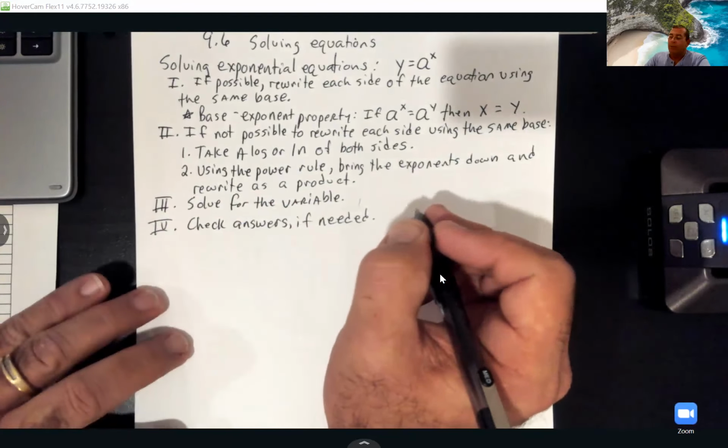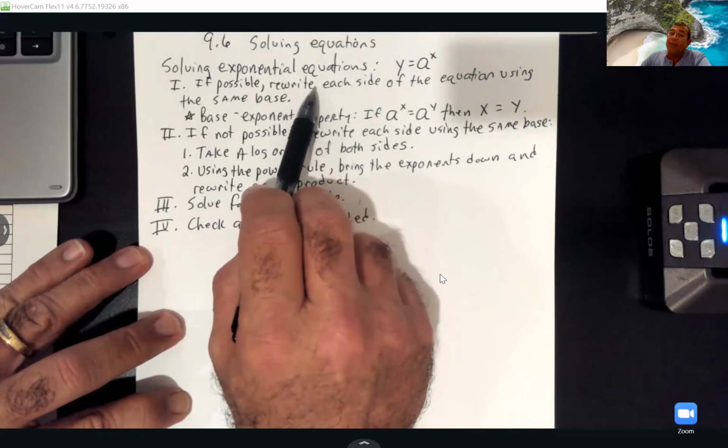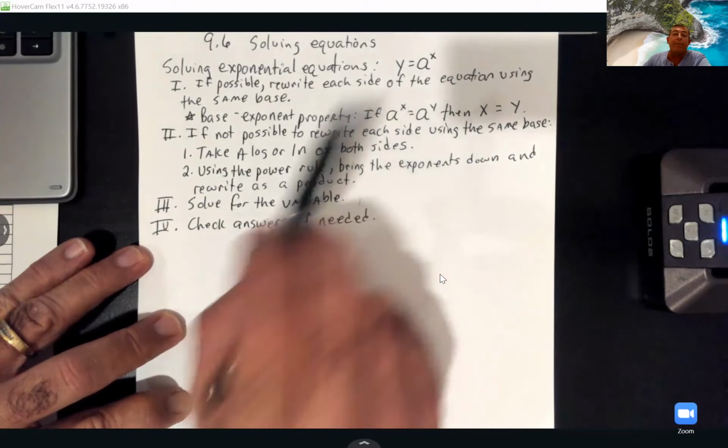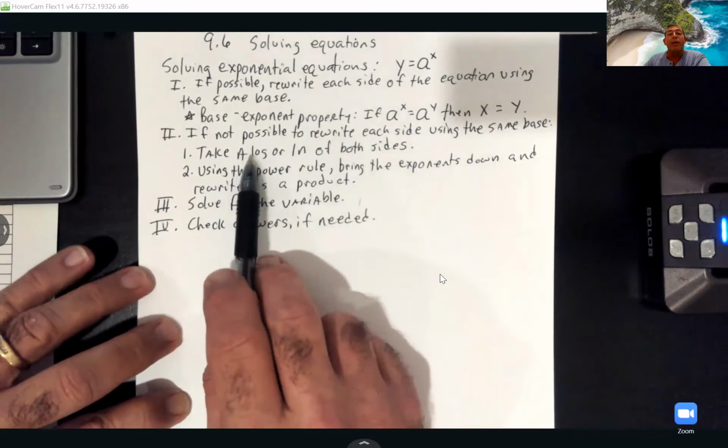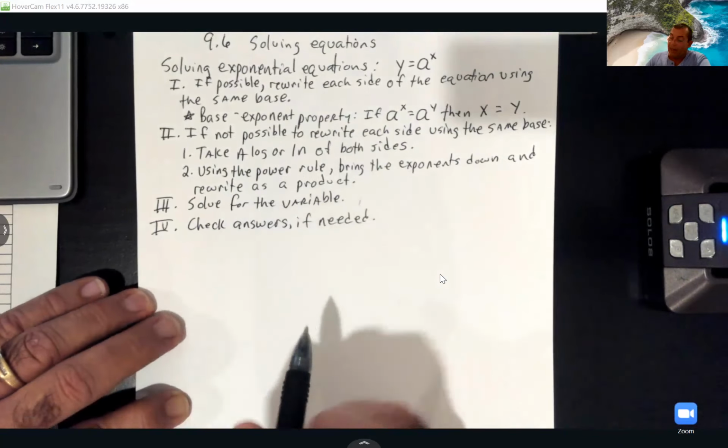Okay, so not bad. I'm going to try to rewrite them if I can with the same base, because that's the quickest way to get through it. If not, then I will do the logs or the LNs to get my exponents down and then solve, okay?